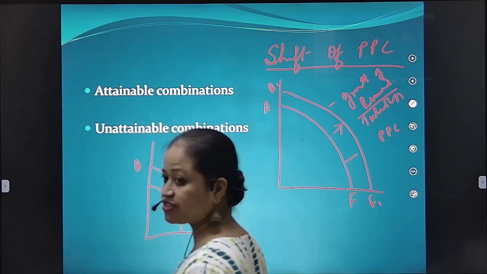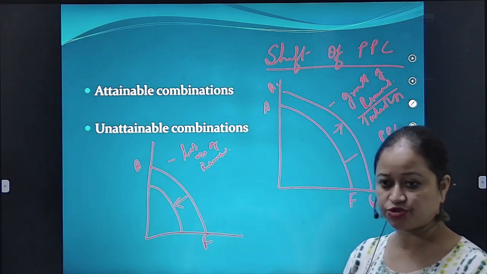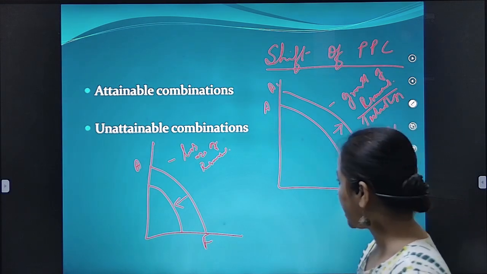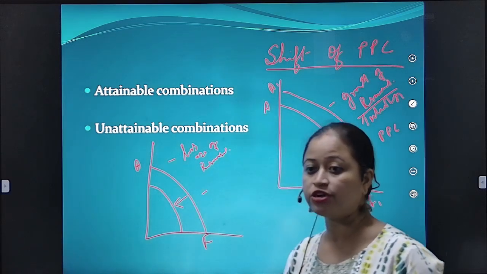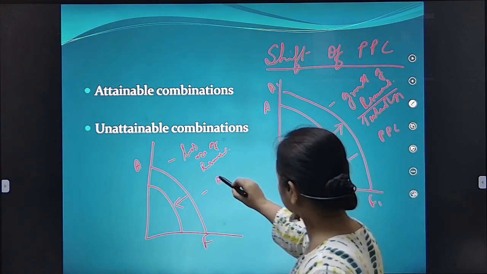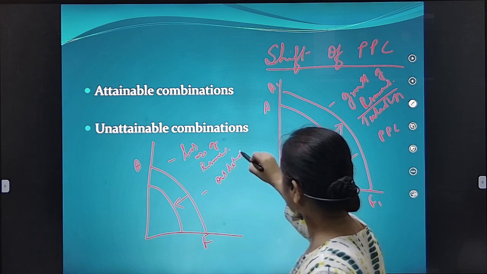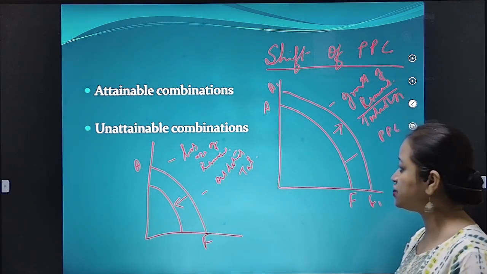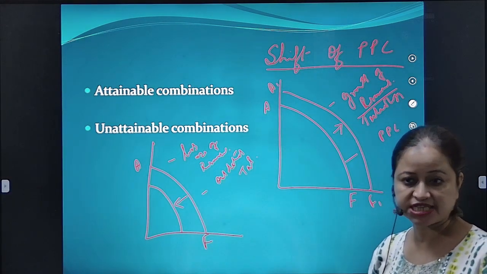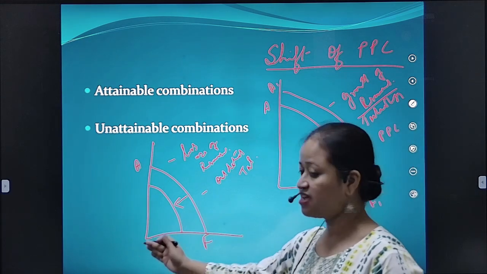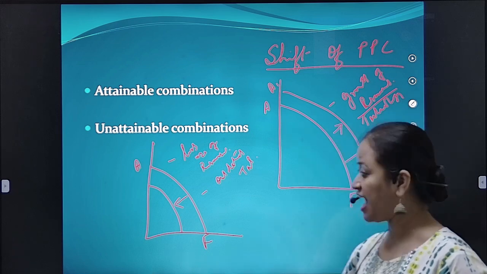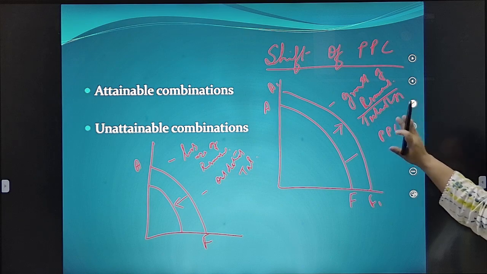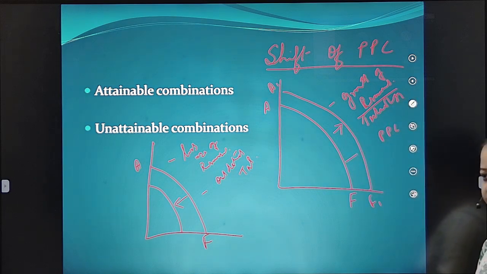Less use of resources means underutilization of resources, and underutilization of technology or outdated technology. So when there is outdated technology and underutilization of resources, the PPC will go towards left. Okay? Clear? And when there is growth of resources and technology is updated, the PPC will go towards right.